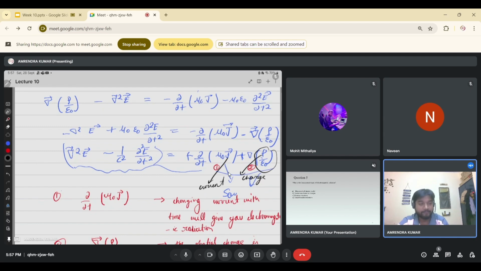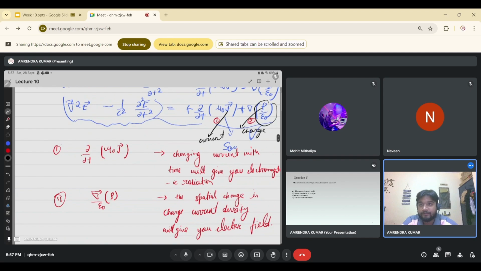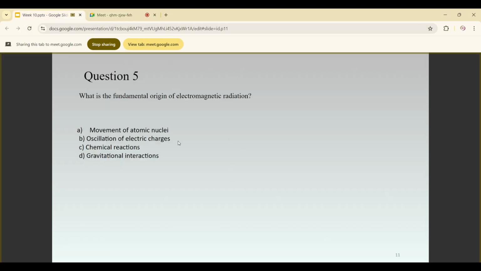One has to change with the time, another has to change the charge current gradient with the time. Now the question that is being asked is what is the fundamental origin of electromagnetic radiation?